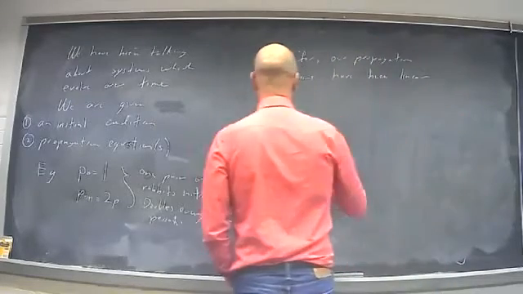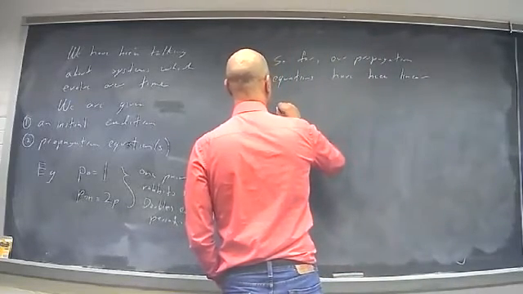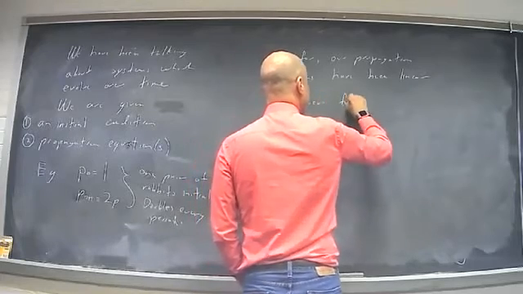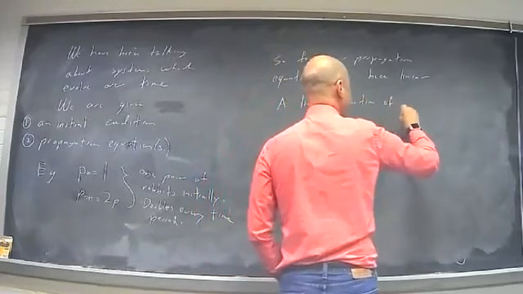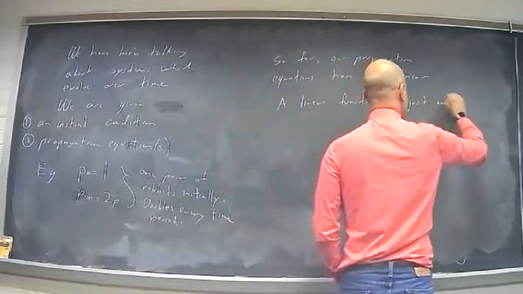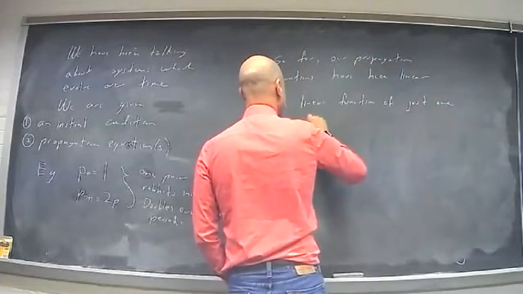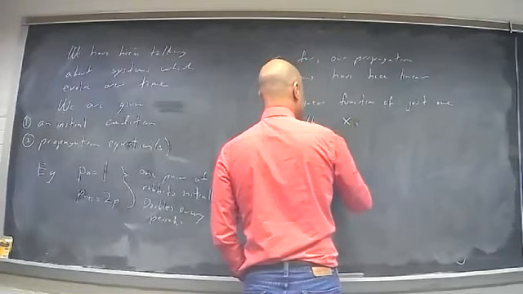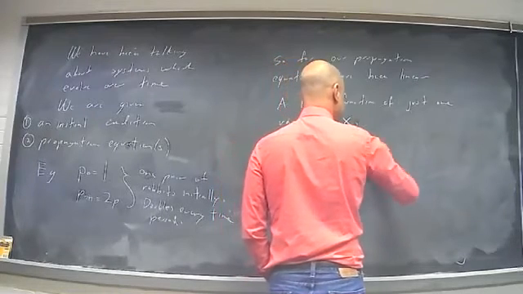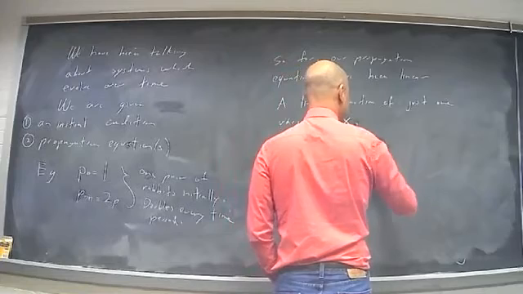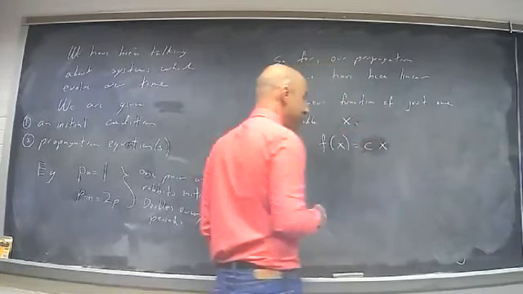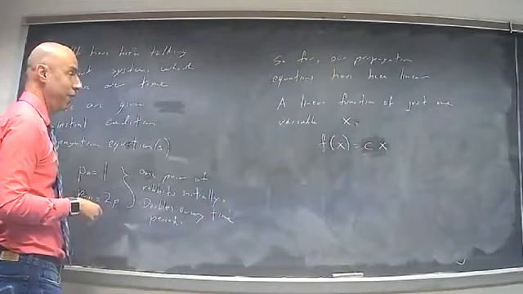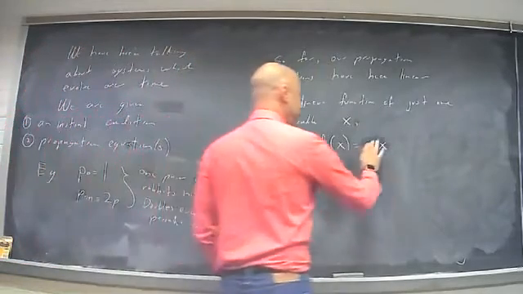But a linear function of just one variable x is basically just a number times x, 2x, 3x, 1/2 x, whatever. There aren't very many linear functions of one variable. Let me call it a, in front of the x.